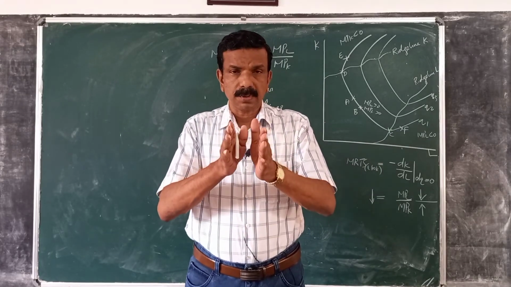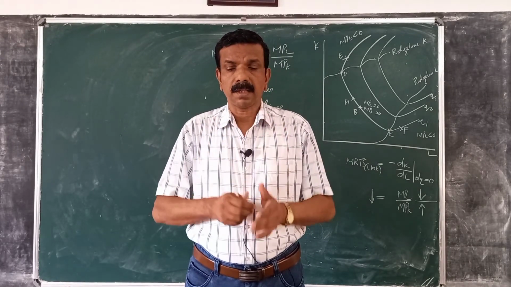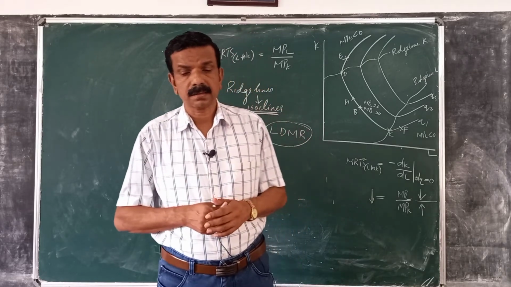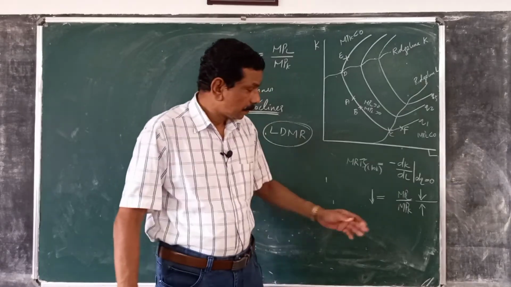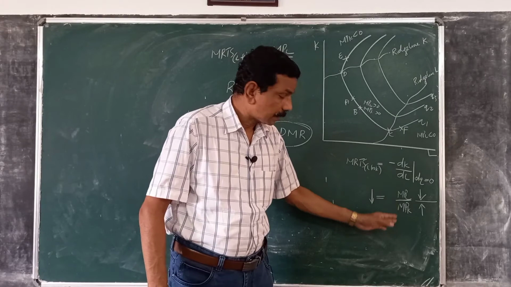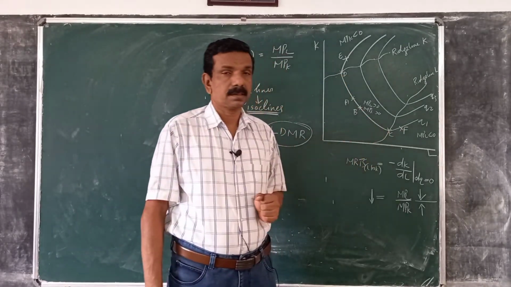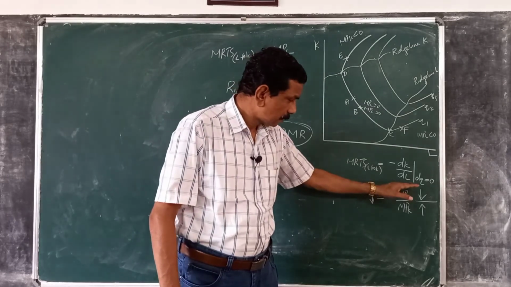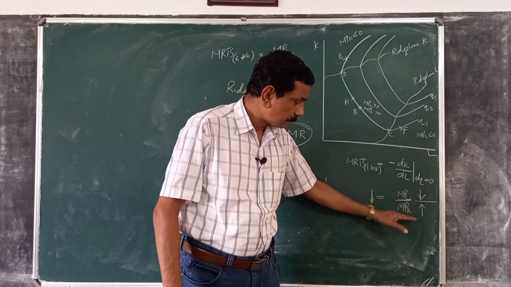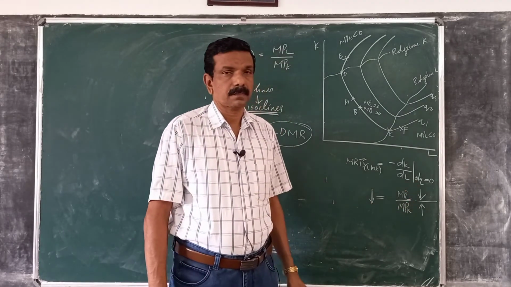So it is not possible to derive diminishing MRTS from diminishing marginal product alone, or convexity cannot be established by using diminishing marginal product alone.